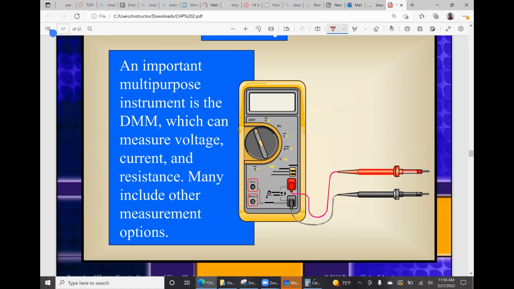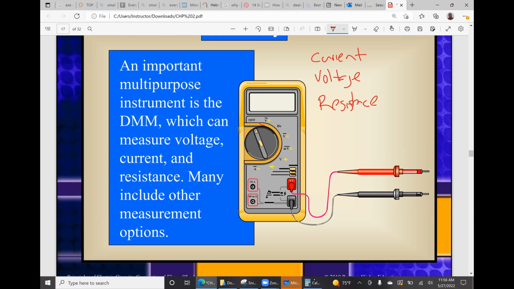All right. Now let's have a look at the meter. So again, we have a digital multimeter that we're using in the class. Now the meter can measure current. It can also measure voltage. It can also measure resistance. So to use the meter, we have to configure it to measure this thing. So if you look on the meter here, you see that we have a section for voltage.